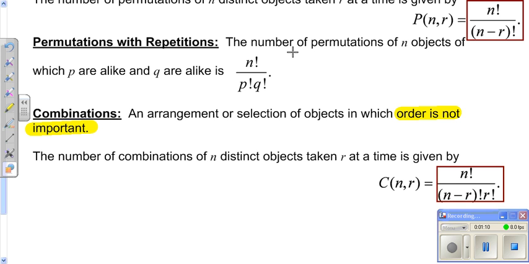Now, we also have permutations when we have repeated elements. When objects are being repeated, it's a slightly different formula. It's still n factorial over p factorial q factorial, assuming that there are so many p's available and q's available, and we'll be talking about that here in a bit.